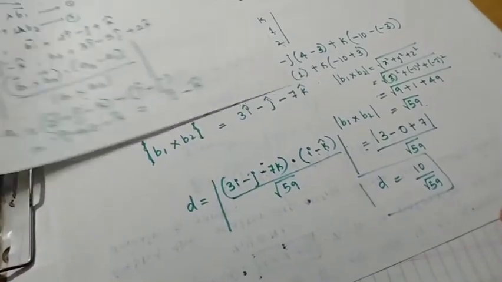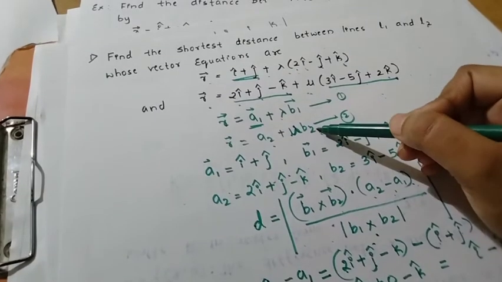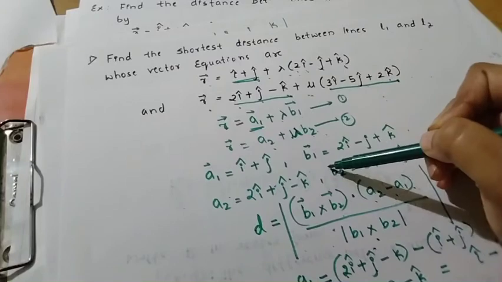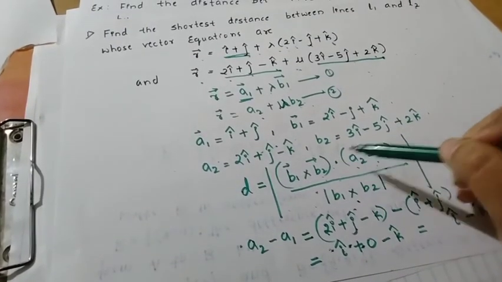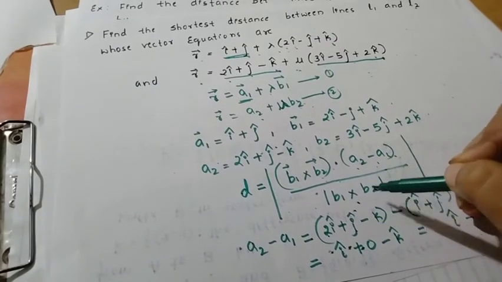Clear? So first step, what should you do? Compare with the standard equation and get the A1, B1, A2, B2 values. Then you have to write the formula: B1 cross B2 dot product with A2 minus A1 divided by magnitude of B1 cross B2.